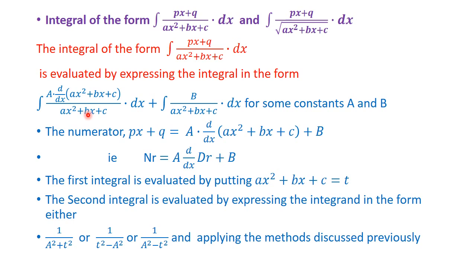Therefore this is one of the standard forms, that is integration of f dash x by f x, and the standard result is log of f x. And for this one it may be of the form 1 by a square plus t square or 1 by t square minus a square. Now the second integral is evaluated by expressing the integrand in this way and applying the methods discussed in the previous forms of integral.